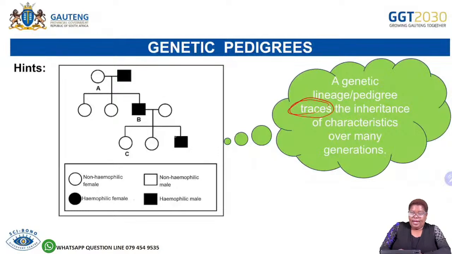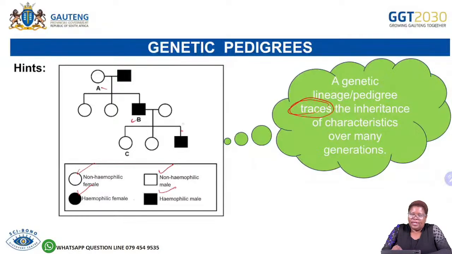With this one, you are being told that this female is non-hemophilic, this female is hemophilic, hence it's shaded, and this one is unshaded. And then we've got a male who is non-hemophilic, they are not shaded. And then a male with hemophilia is shaded there.